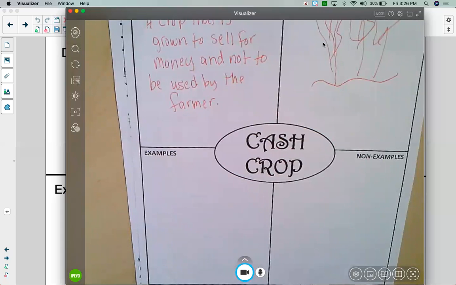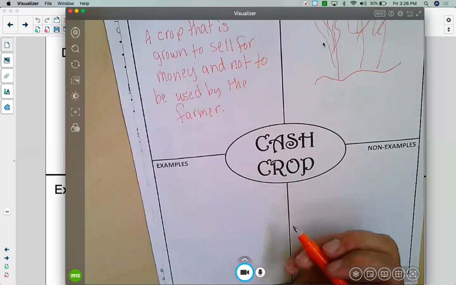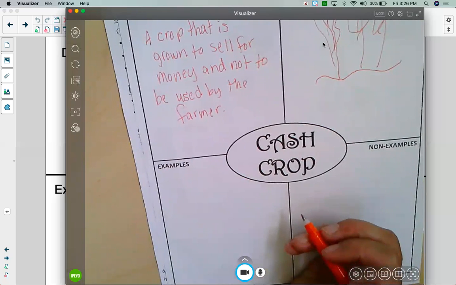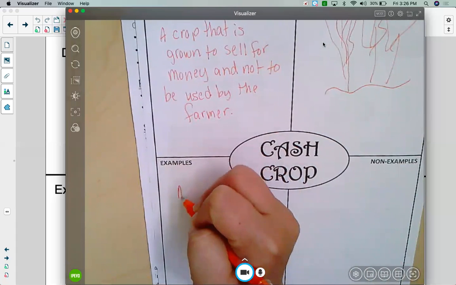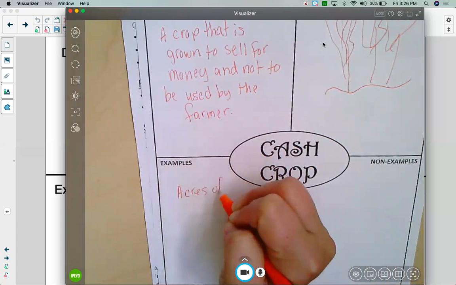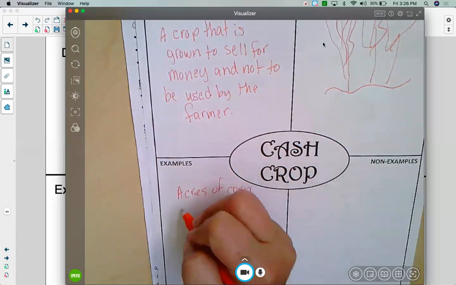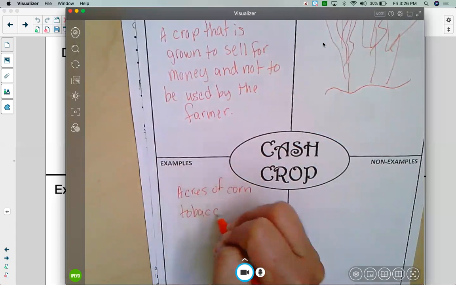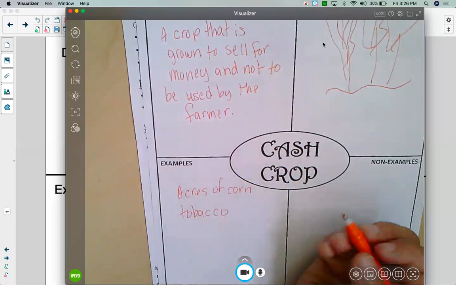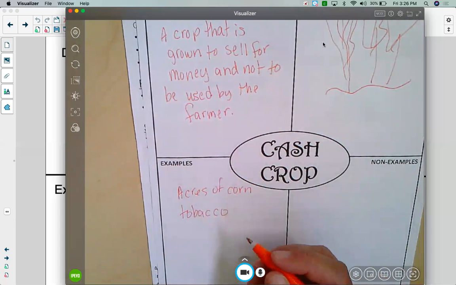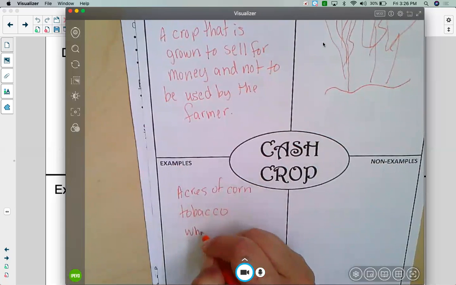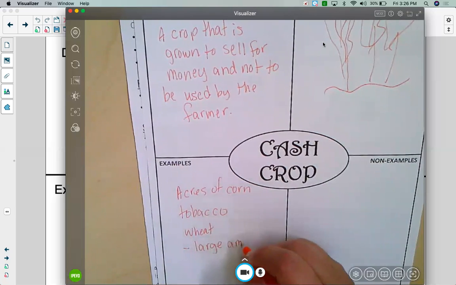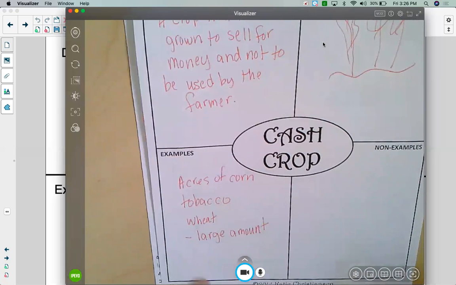All right, so here we're going to list some examples of cash crops. So it could be acres of corn, of course, tobacco, these can be wheat, anything in large amounts that's meant to sell for money.